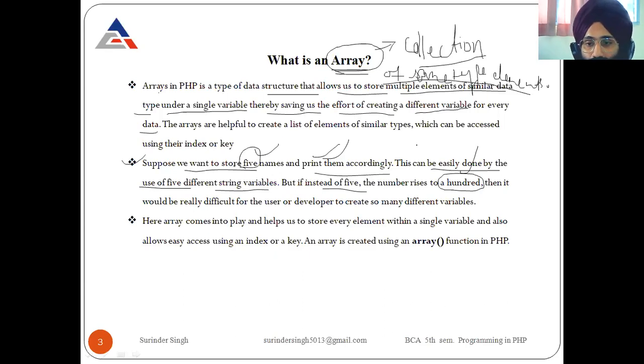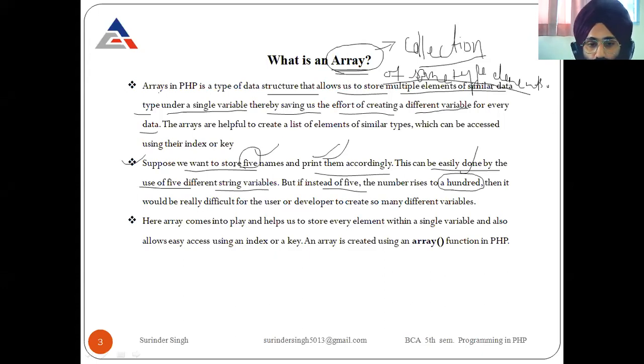You have to refer to each variable separately, assign values to each variable, and then print each variable with 100 printing statements. This is not an efficient way. The program may be inefficient, readability is inefficient, and management of this code is inefficient. Clear?